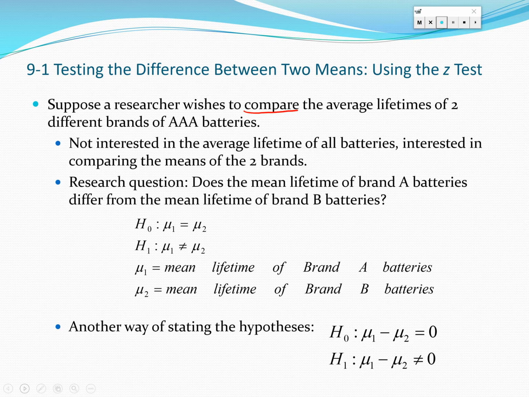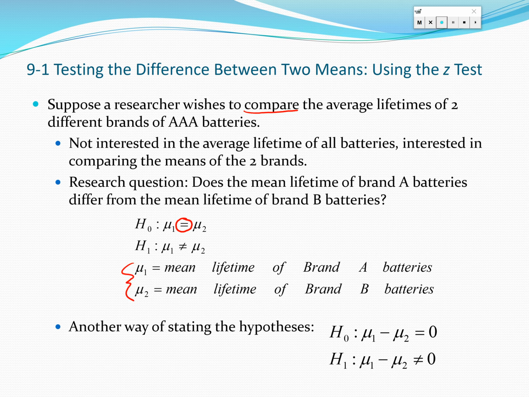So how you state your hypotheses, you still have H sub 0 and H sub 1, our null and our alternative. The null hypothesis will still state the equal to piece, just like we had last unit, but note the difference. I don't have mu equals 25, I have mu sub 1 equals mu sub 2. The little subscripts don't mean anything computation-wise, they just help us distinguish which population we're looking at.